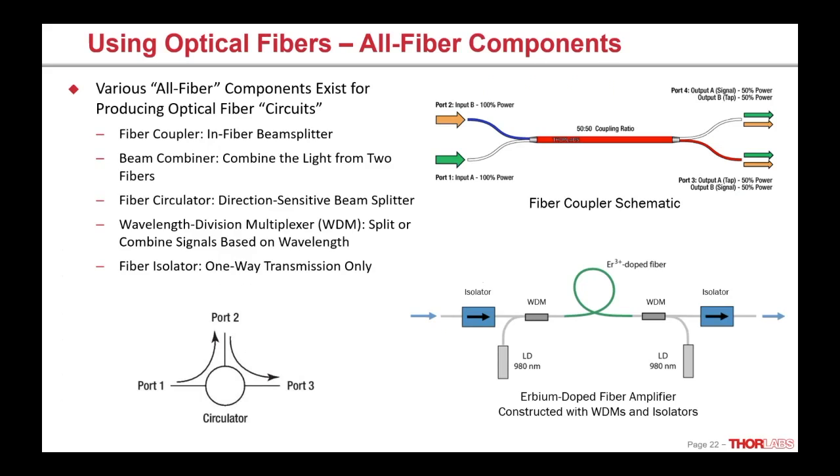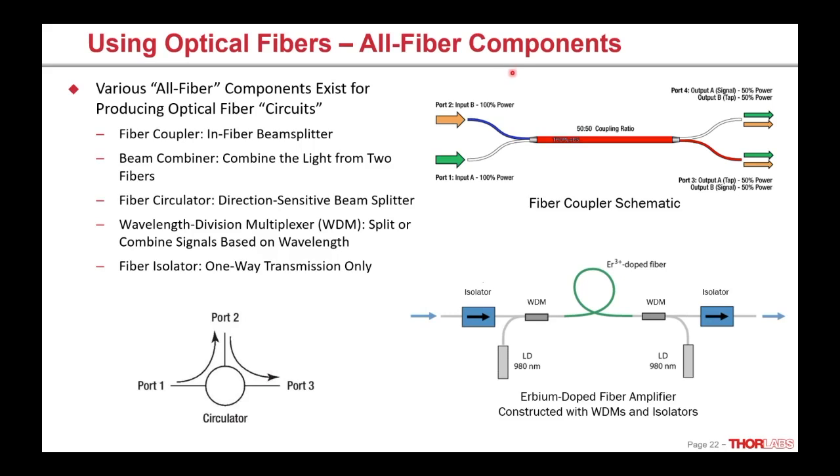On the same note as keeping the light in the fiber, there exists what we're going to call all fiber components or in-fiber components, where we can create complicated optical systems or optical circuits while keeping the light inside the fiber the whole way. I think the classic component in this example would be what we call a fiber coupler or a fiber splitter.